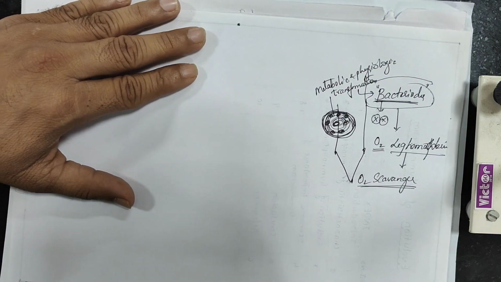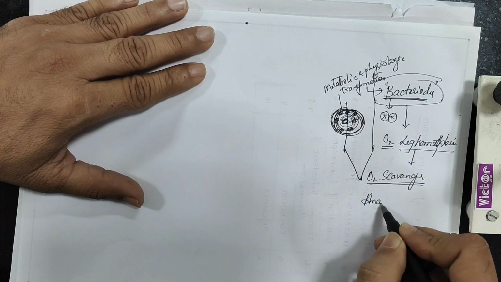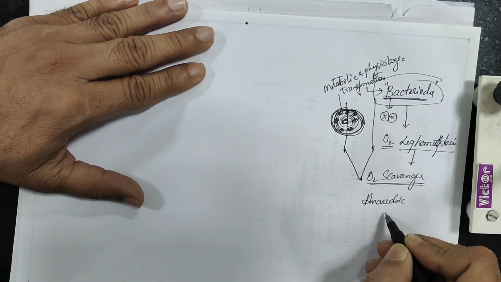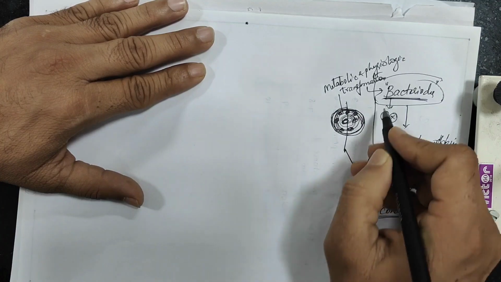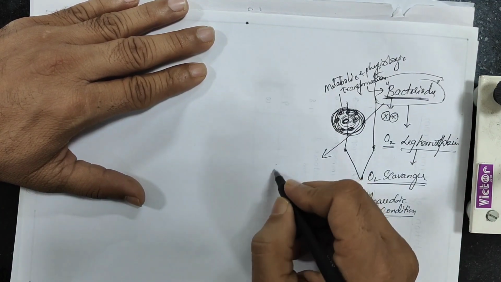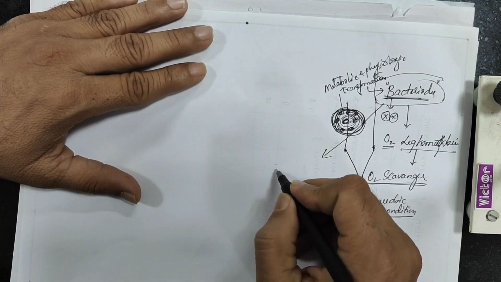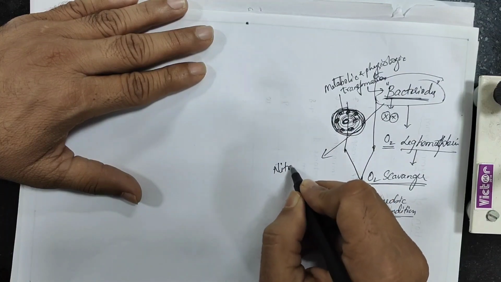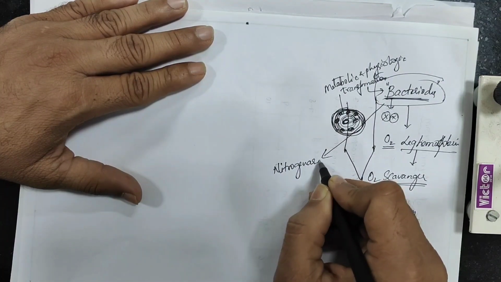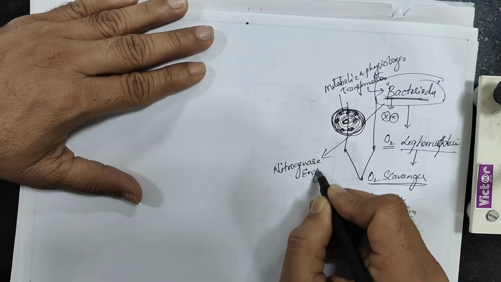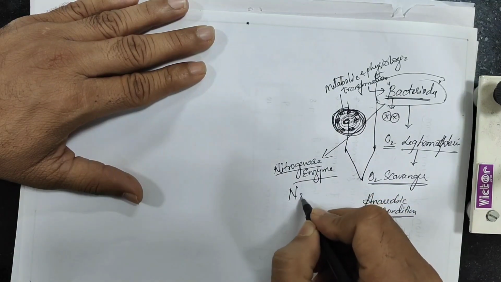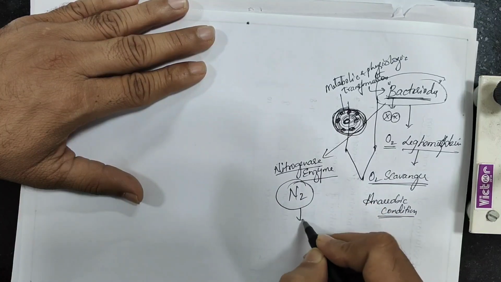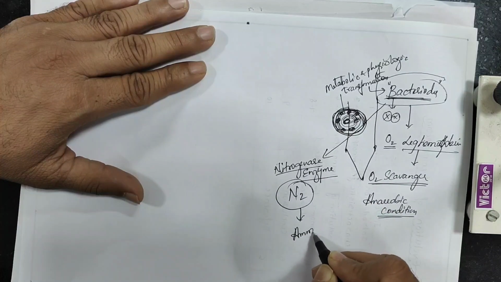It removes oxygen, maintains the anaerobic condition. And this bacteroids is also capable of secreting nitrogenase enzyme. This nitrogenase enzyme converts nitrogen into ammonia.